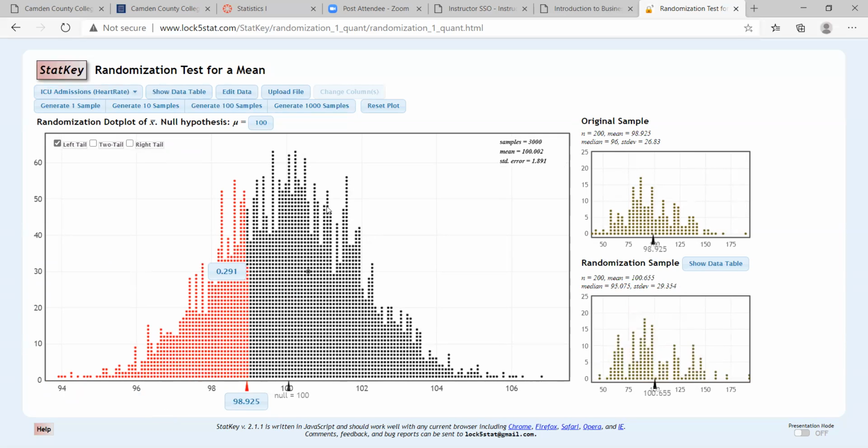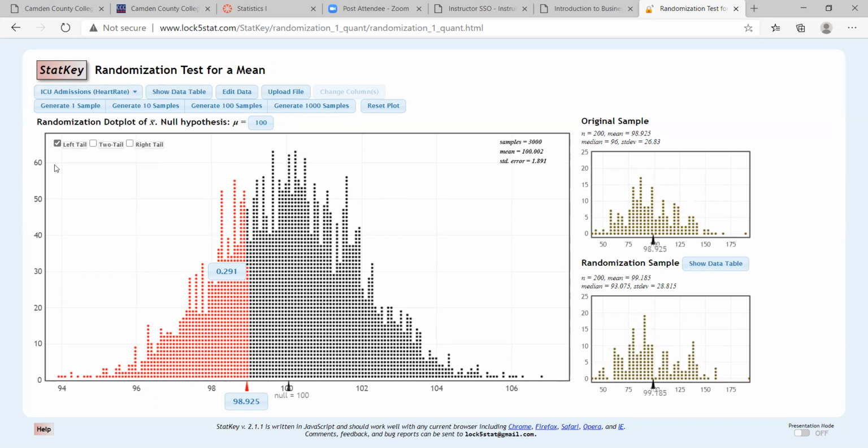Notice my p-value in this case here with the null 100, p-value is large. Typically, alphas are no more than 10%. So this is a strong case. Do not reject the null. All right, the null of 100 is pretty good. It might be wrong, but it's pretty good.